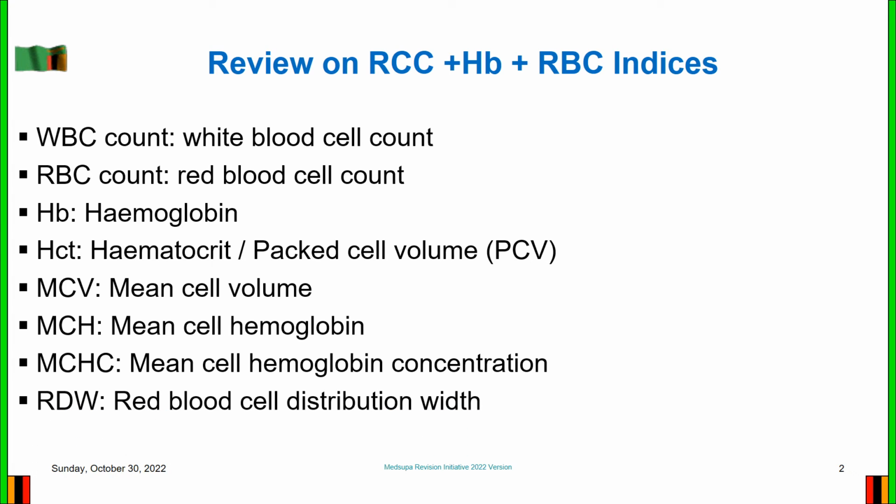Then we also have the red cell distribution width. This tells you the variation of the size. How many abnormal red blood cells are there? How many normal? How is the variation? And we have some good terms there.